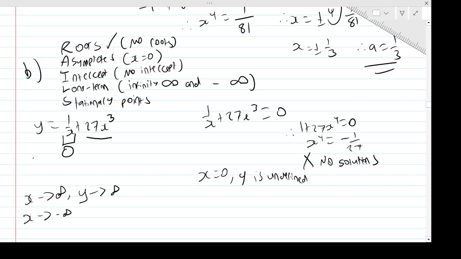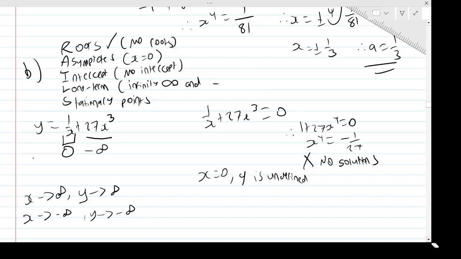Meaning, if x is minus infinity, then x cubed goes to minus infinity. So therefore, overall, 0 minus infinity, you can think of as minus infinity. So that's my behaviour. In the long run, the graph is going to go to infinity to the right, and to the left, it's going to go to minus infinity. Okay, cool.